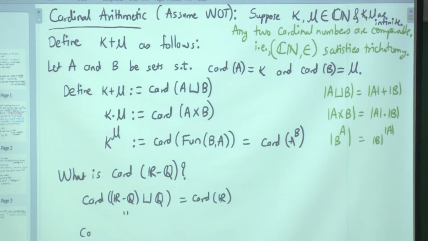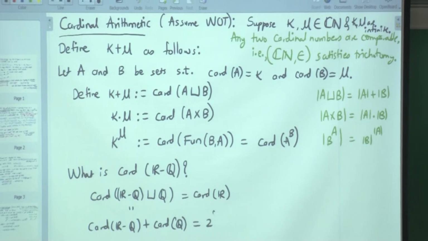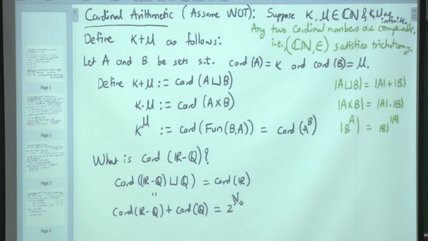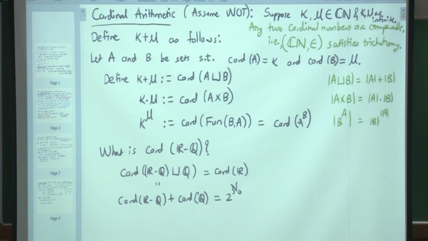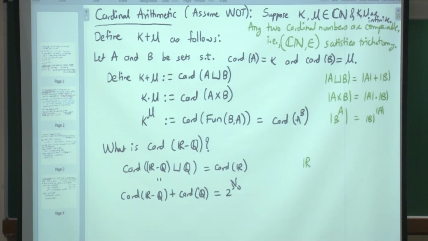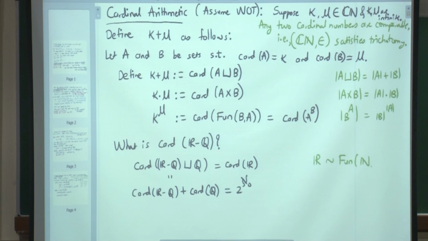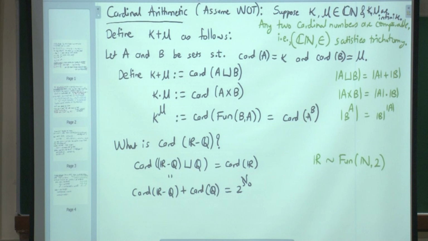This side is the cardinality of R minus Q plus the cardinality of Q, and this is equal to 2 to the aleph naught. Now you understand why I am writing 2 to the aleph naught? Because of this kappa to the mu. What are real numbers? Reals are in bijection with the set of functions from natural numbers to 2. Therefore, I am writing 2 to the aleph naught.